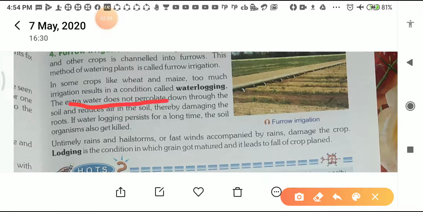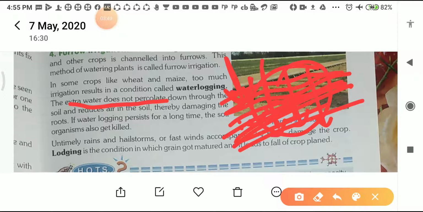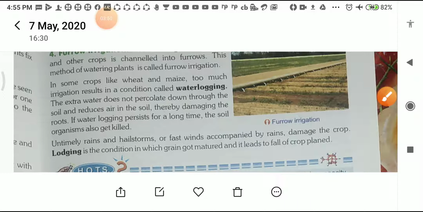Percolate means, this is a soil, and when the extra water does not go inside the soil, that is called percolation. The extra water does not percolate down through the soil and reduces the air in the soil. If too much water is present on the surface of the soil, air will not go inside it, and the roots cannot survive in the excess water, so your crop will be destroyed. That's why the extra water not percolating down and reducing air in the soil damages the roots.